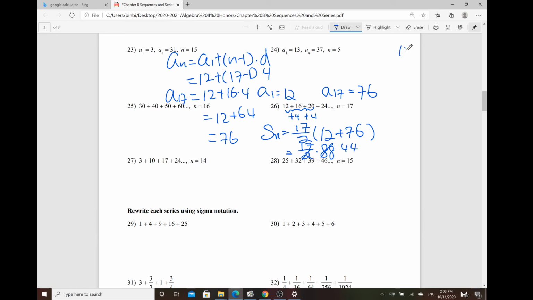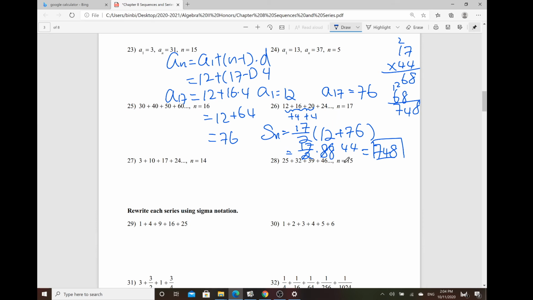So 17 times 44. I cannot do it mentally, so let me just show the work. Then that'll be 748. So that will be the sum of this arithmetic series from a sub 1 to a sub 17.